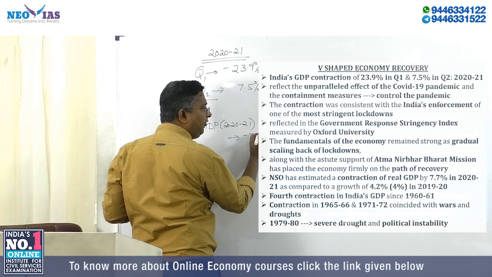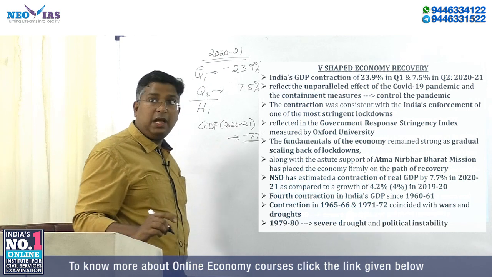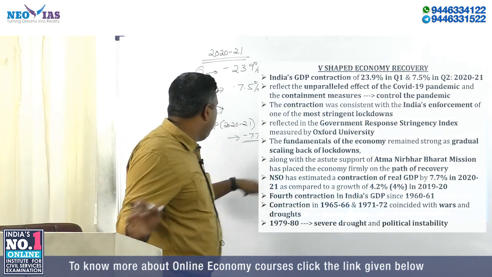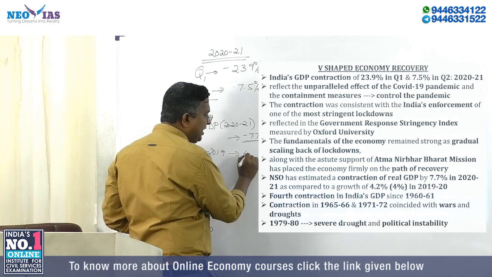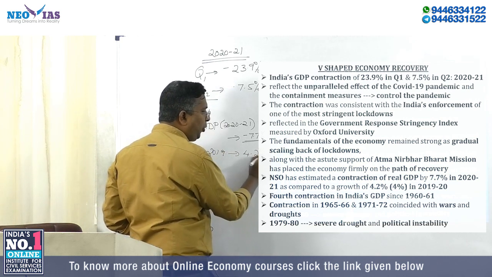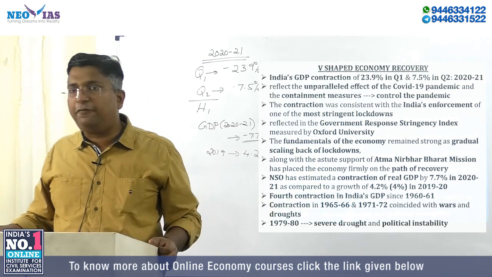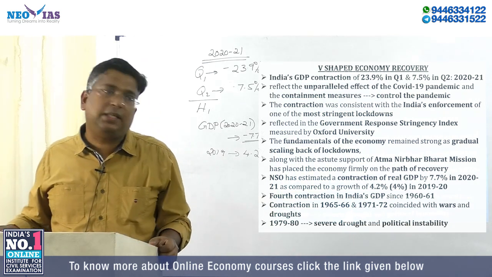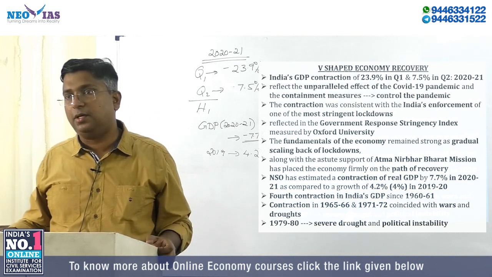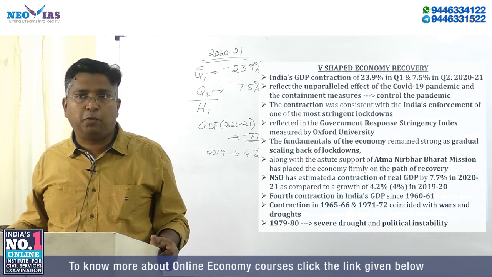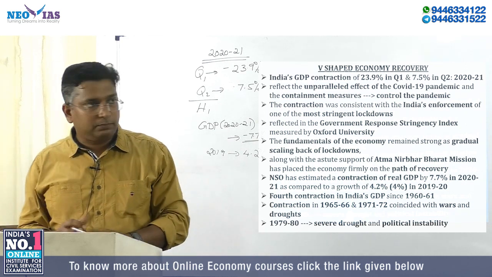Minus 7.7%. It's mentioned in the economic survey. Compared to that, the economic survey says the previous growth was 4.2%. But we know that just a few weeks back, that was further revised by the government. It is now 4%. But the economic survey has 4.2. If you have updated data, that is the best thing.